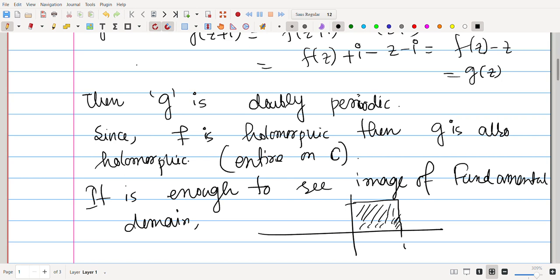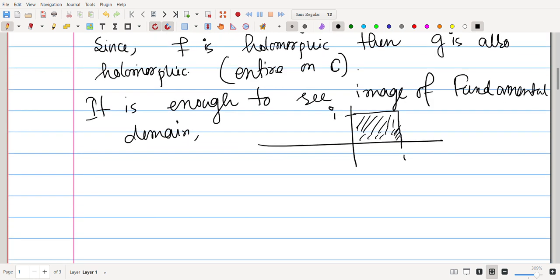Since g is doubly periodic, that means g(z + 1) is the same as g(z) and g(z + i) is the same as g(z). So it is enough to check the image of this. So the image of g on C is the same as the image of g on this.